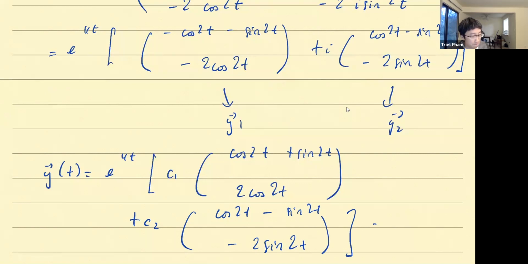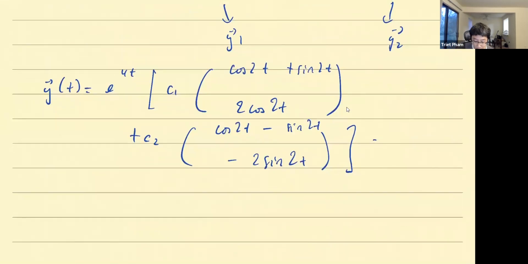Any question here? Yeah, e to the a plus bi is e to the a times cosine b plus i sine b.